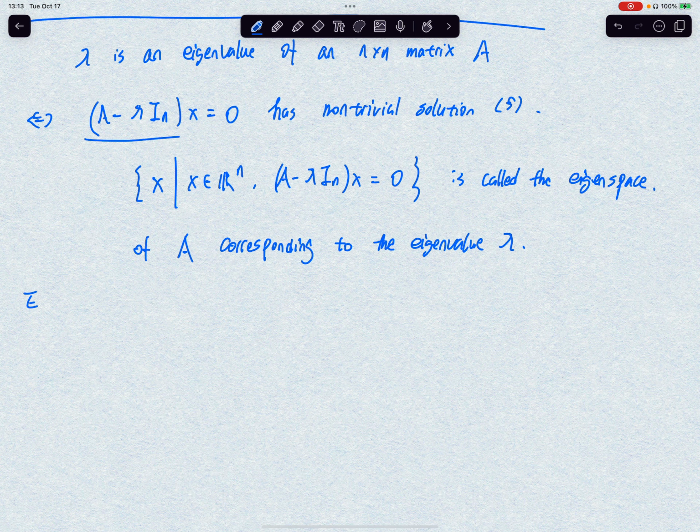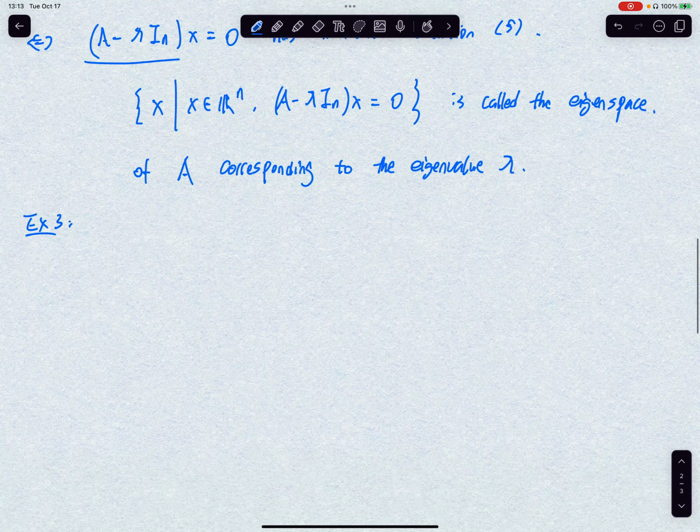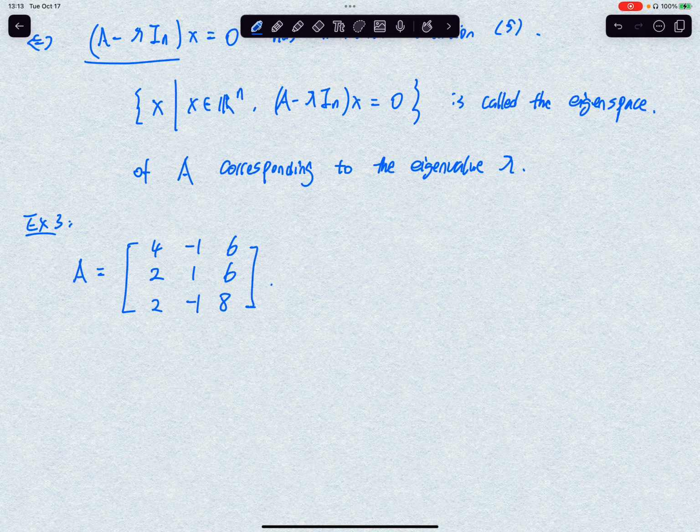So let us do an exercise. Say A equals [4, -1, 6; 2, 1, 6; 2, -1, 8], and we know that one of the eigenvalues of A is 2. Now we want to find a basis for its eigenspace.